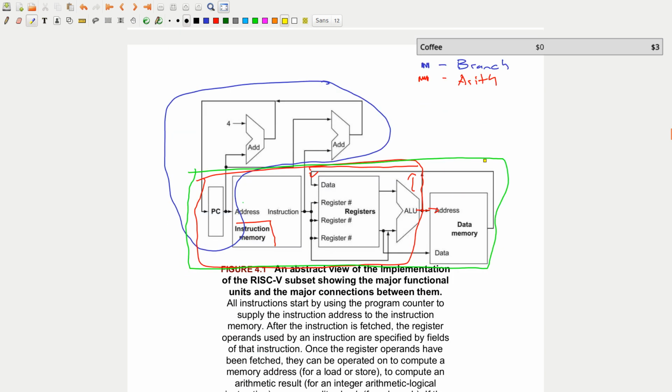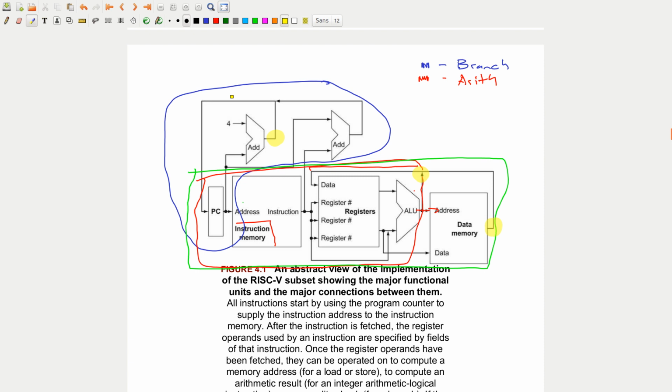So what they're talking about is, if we look at this data line, it is connected here to the output of the ALU, but it's also connected to data memory. So we have a couple of things that are cross-connected here. And then same thing right here. We have an adder right here that simply increments the program counter by 4, which basically means go to the next instruction, because we're talking about words.